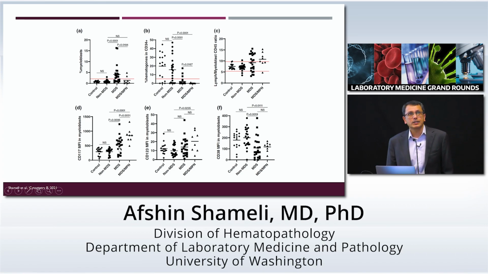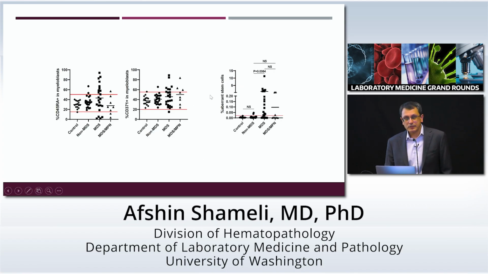CD117 was significantly increased in both MDS and MDS-MPN cases, and CD38 was decreased in both groups. And CD123 was increased in the MDS-MPN category. A significant number of MDS and MDS-MPN cases had abnormalities in the expression of CD45RA and CD371, meaning that they had abnormal heterogeneity. And stem cell aberrancies were seen again in a significant number of MDS cases.